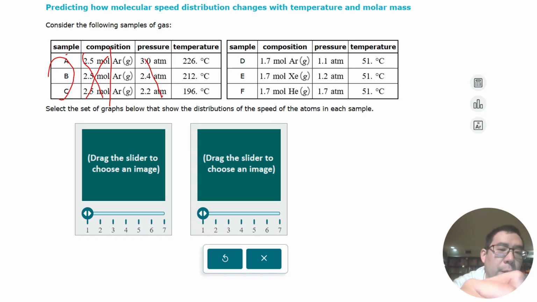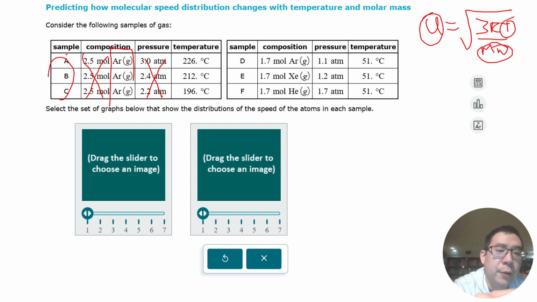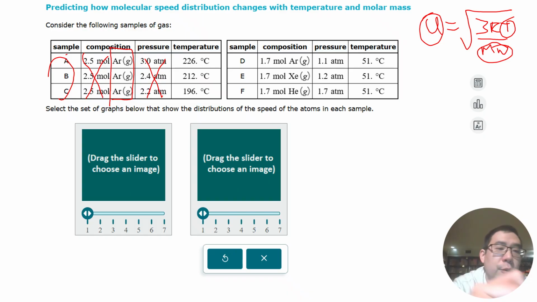We don't care about the pressure, because speed is u equals the square root of 3RT over molecular weight. So we're looking at T and molecular weight. We care about the type of atom, because that gives us the molecular weight, and it's all the same. So in this side, molecular weight doesn't change.